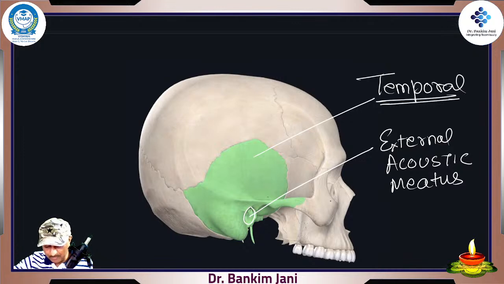From this point all the way to the internal acoustic meatus, there is a bony canal, and in between that bony canal all those three cute ossicles are sitting: malleus, incus, stapes. When you do the dissection, that's where you find that yes, comfortably they are sitting. That's where they are formed.